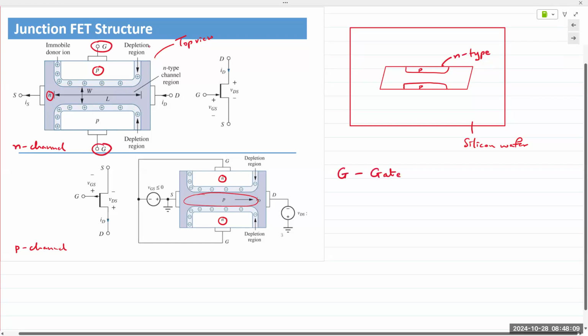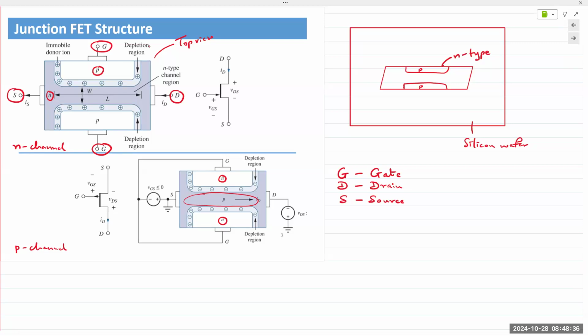And the two far ends of the channel are labeled as drain and source. If you apply this to a water tap analogy, you have a source, you have a drain, and there is a gate that controls the flow of water.